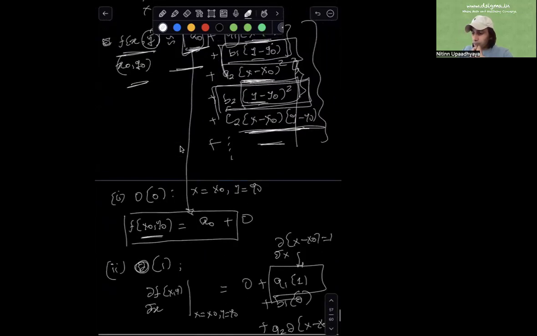Now, what about a term which has a mixture of x minus x naught and y minus y naught? Well, in order to get to c2, I can differentiate the left-hand side and the right-hand side once with respect to x and once with respect to y. So that's an example of a mixed partial derivative.